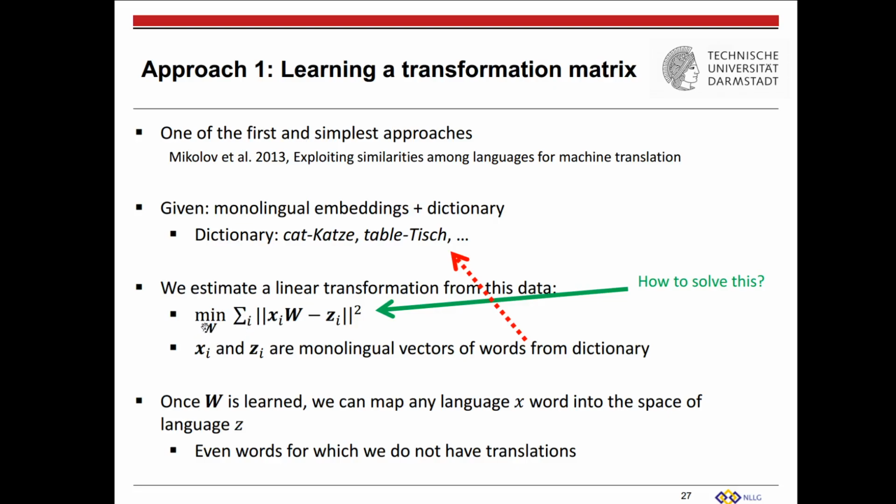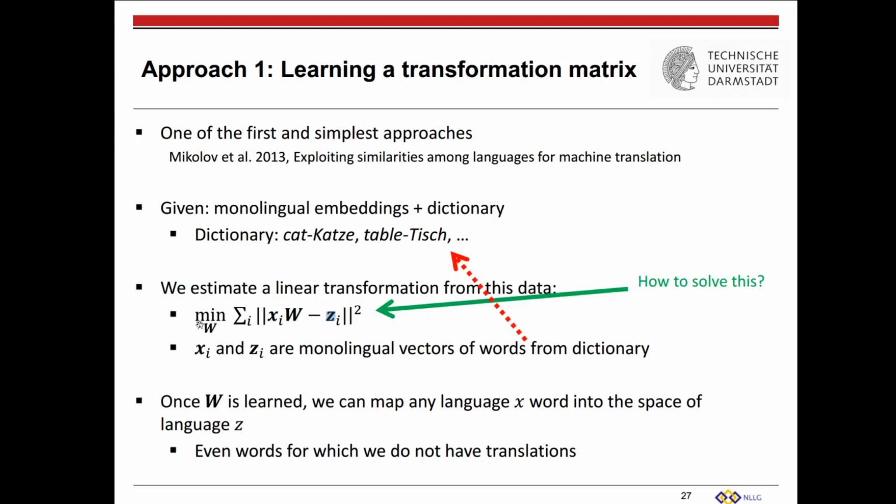We want to estimate a matrix W such that if we take a pair x_i, z_i from our dictionary, and then we use the vectors, the vector x_i and the vector z_i, then we want to learn a transformation matrix such that if I multiply x_i by W, so we take the English vectors and we transform them, the transformed vector should be close to the German vector, right?